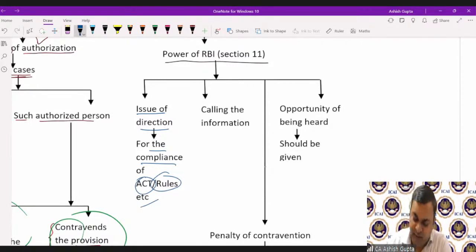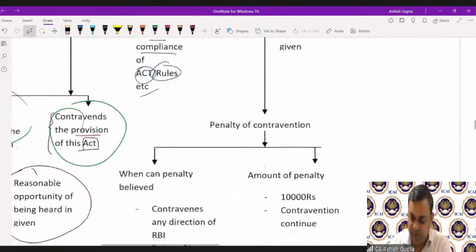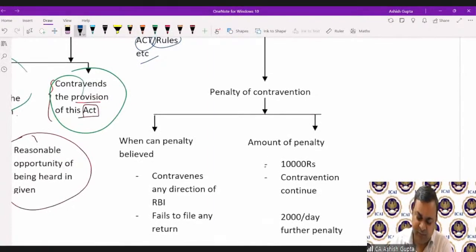RBI can call for any information as they think is important. Now, they can impose a penalty also if any contravention is committed. That penalty you need to remember.